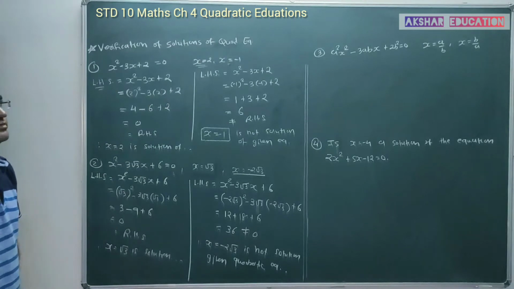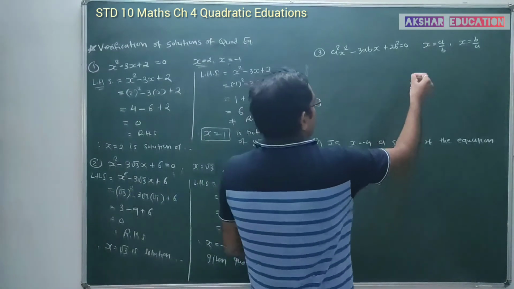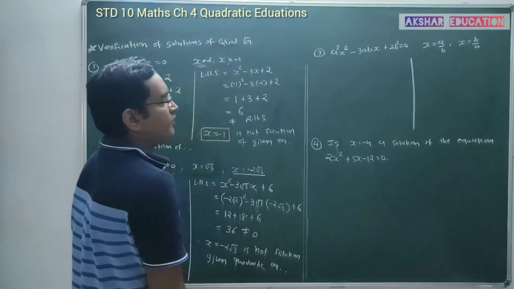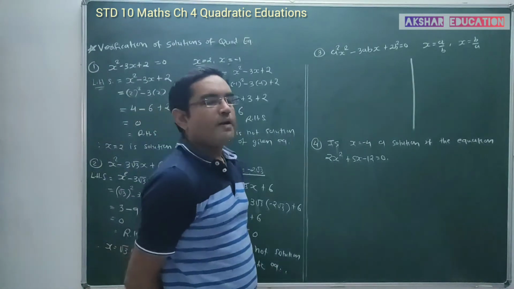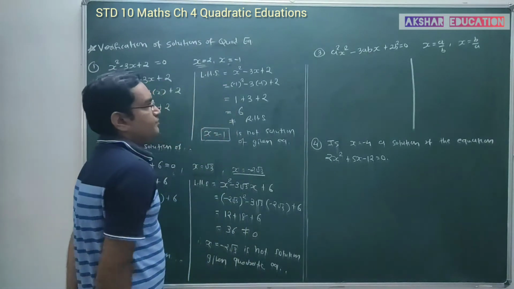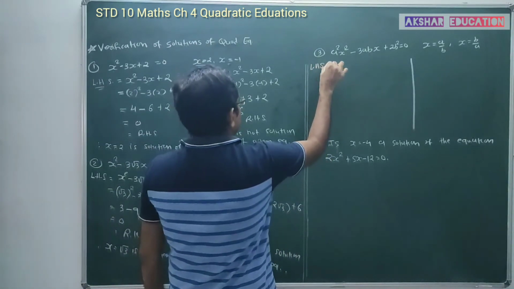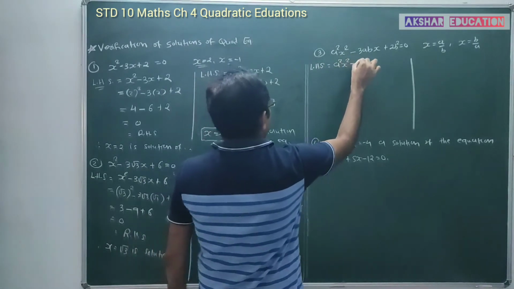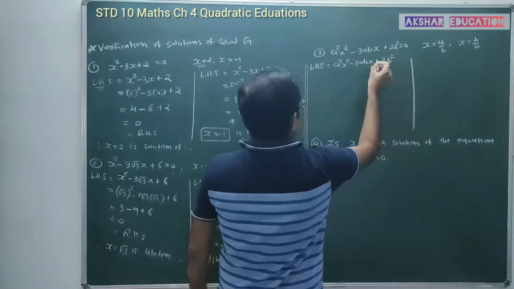Question number 3. So here we are given two values of x, which are x equal to a by b and x equal to b by a. And you have to check whether the given values of x are the solution of the given quadratic equation or not. So let's start with the left hand side of this given equation, which is a square x square minus 3abx plus 2b square.